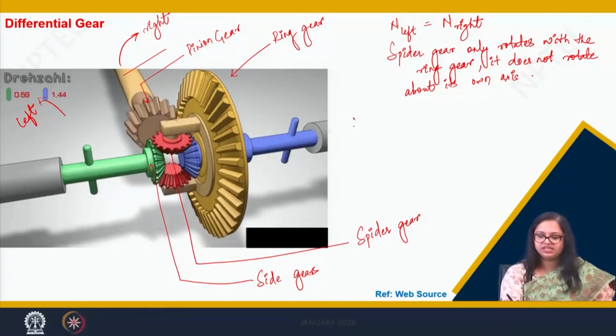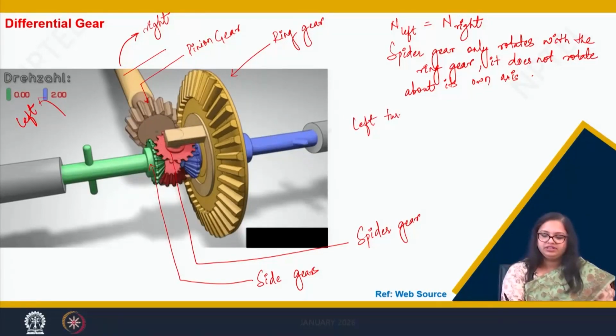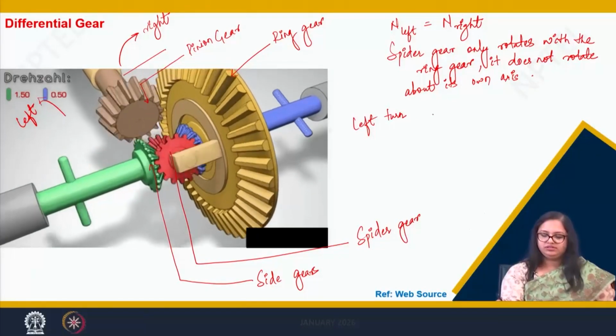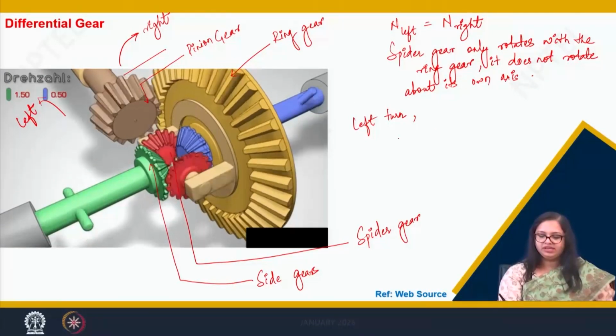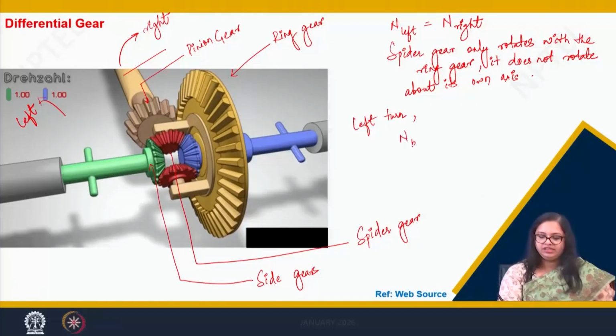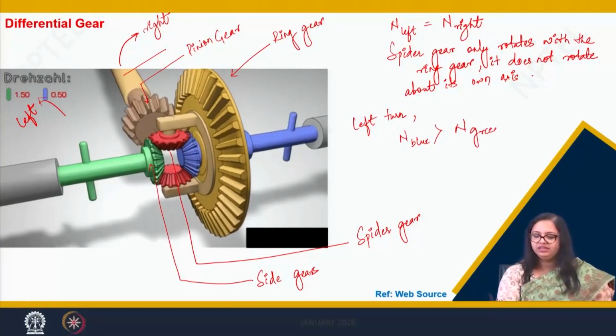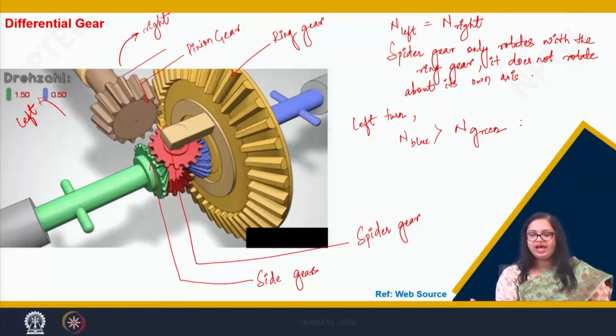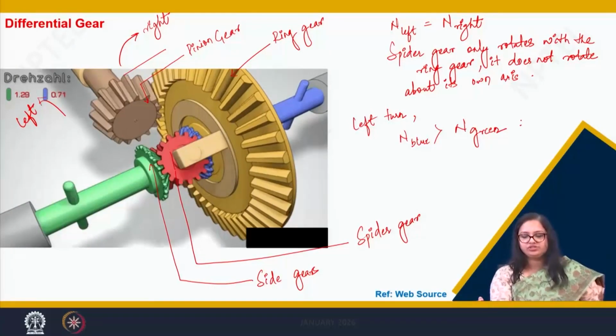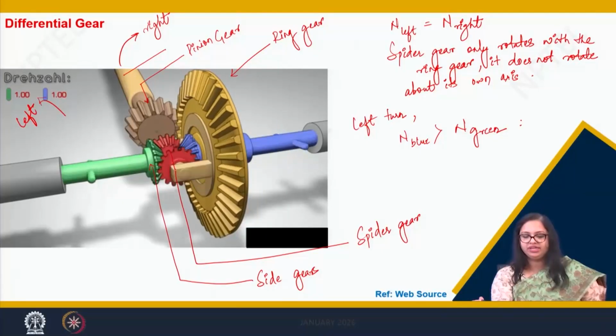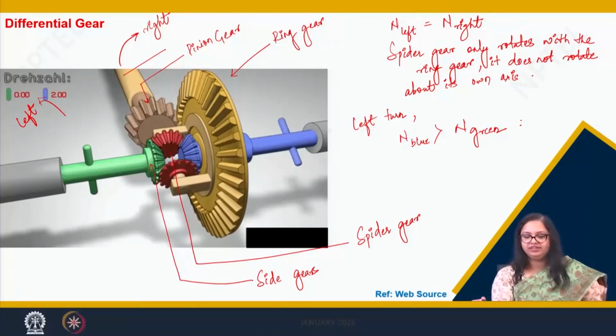The vehicle is taking a left turn, so N blue should be greater than N green. How would it happen that N blue is greater than N green?